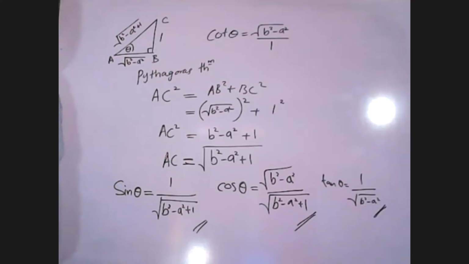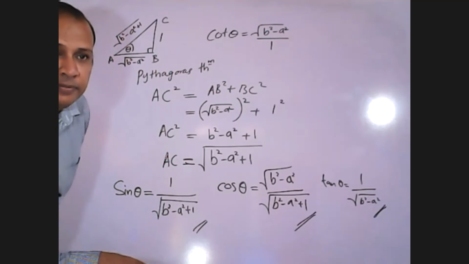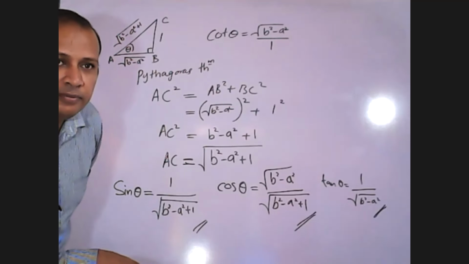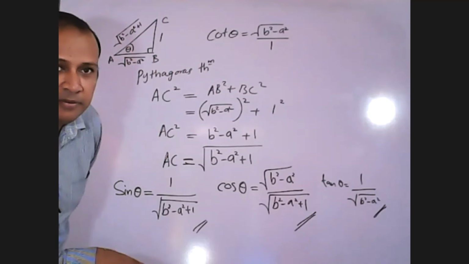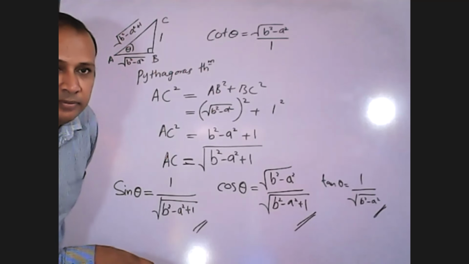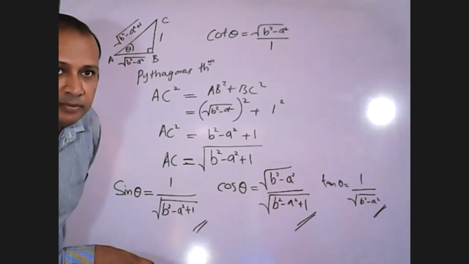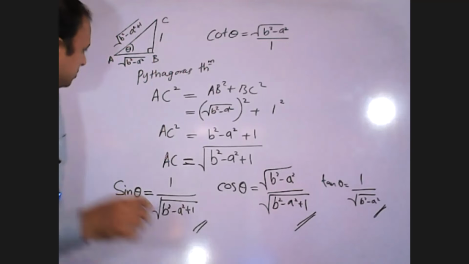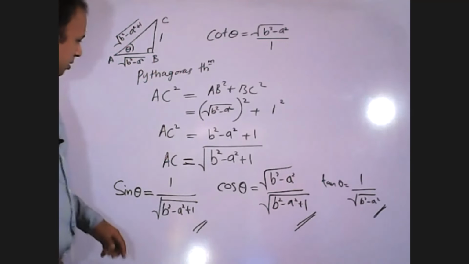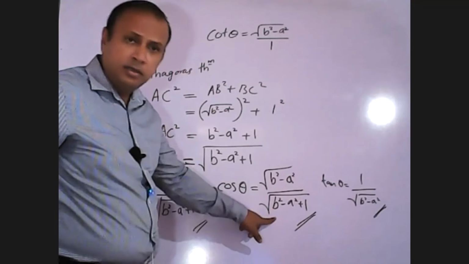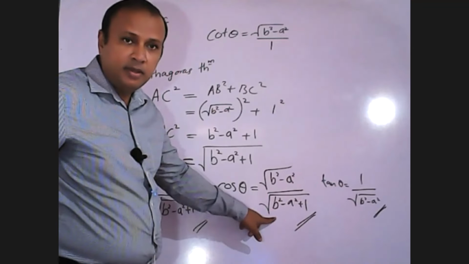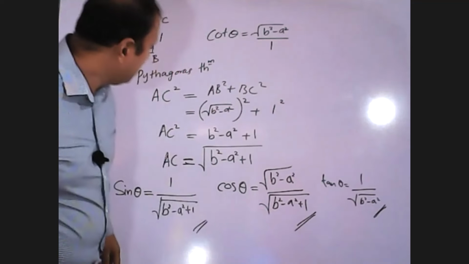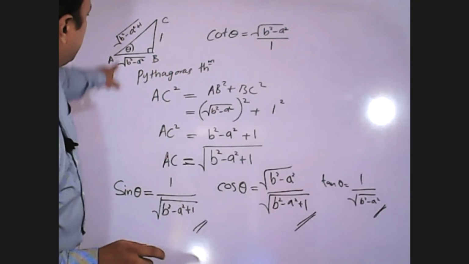So instead of keeping it as a square root, can't we take it as a square? You mean this one? No, sir, the hypotenuse AC.